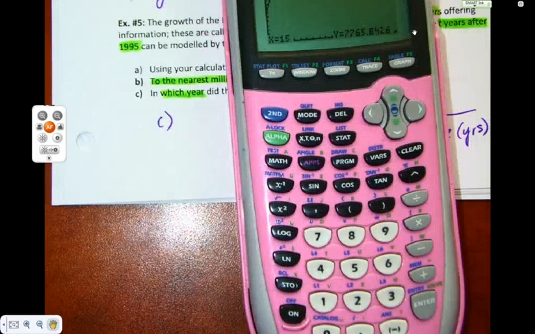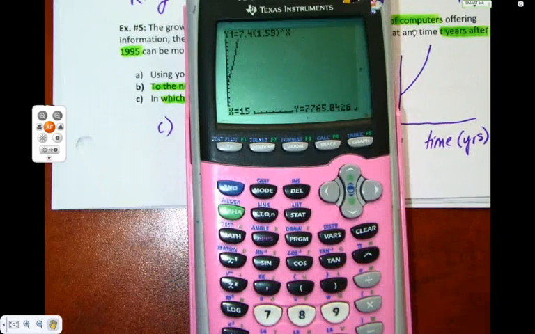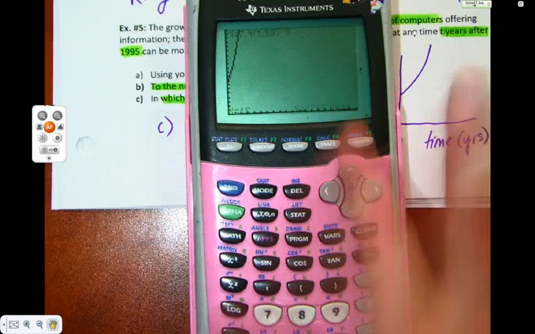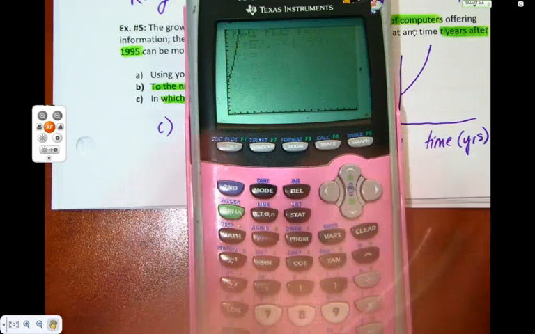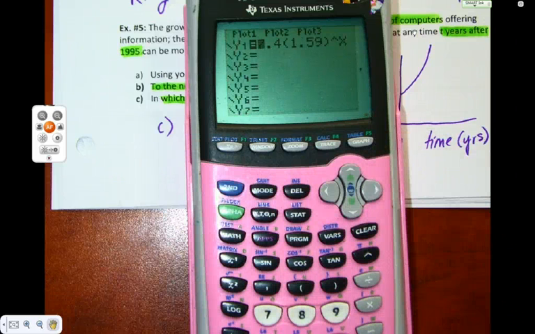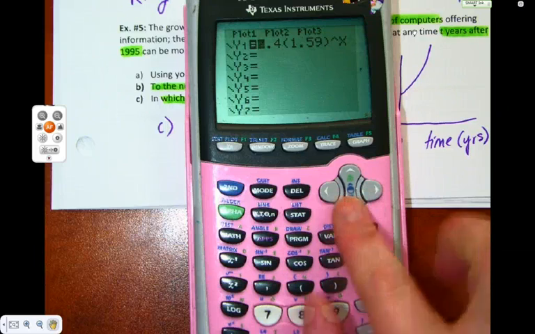Okay, how can we use the calculator to find an x value if they've given us a y? Okay, go into y equals. Go to y2 and say 1,000.